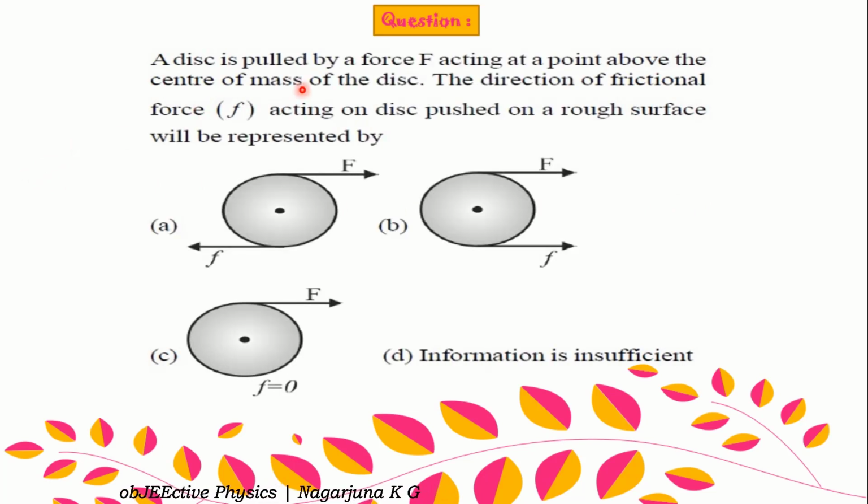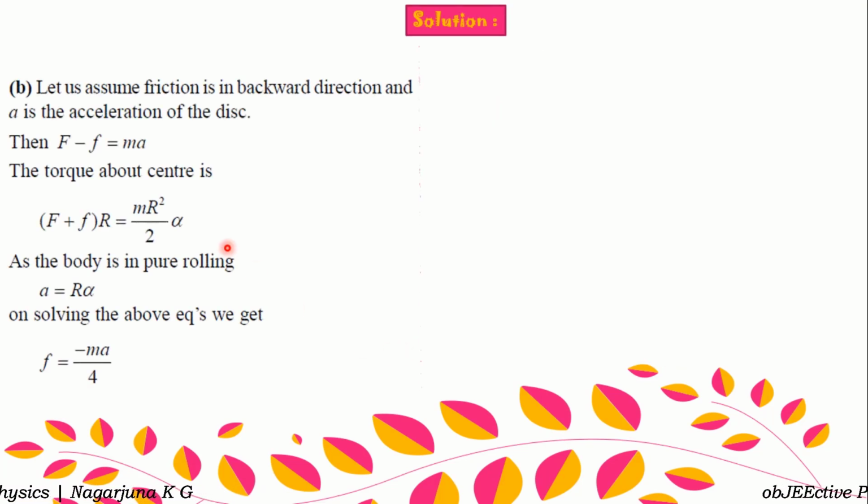A disk is pulled by a force F acting at a point above the center of mass of the disk. The direction of the frictional force f acting on a disk pushed on a rough surface will be represented by? Observe the options. And solution: Let us assume friction is in the backward direction and a is the acceleration of the disk.